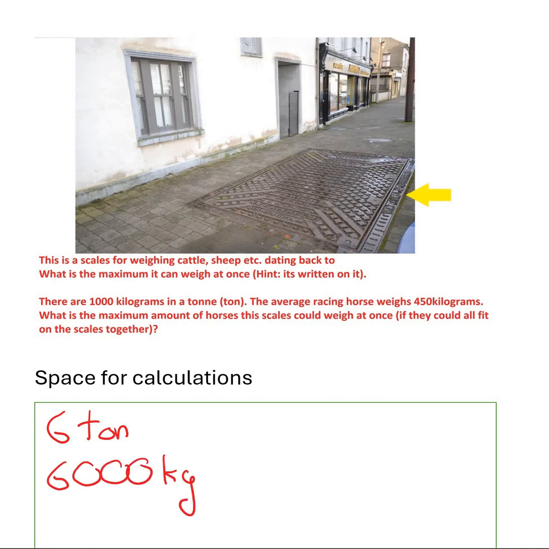kilograms at once. The question is, the average racehorse weighs 450 kgs. So what is the maximum amount of horses this scale could weigh at once? So all we do is we take our 6,000 kg, which is the max weight that can go on it. We divide the 6,000 kg by 450, because that's the average weight of a horse.